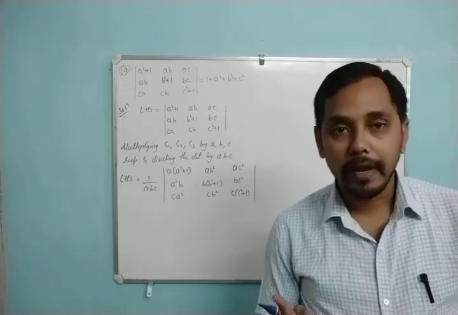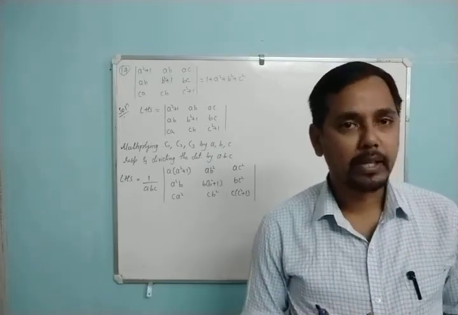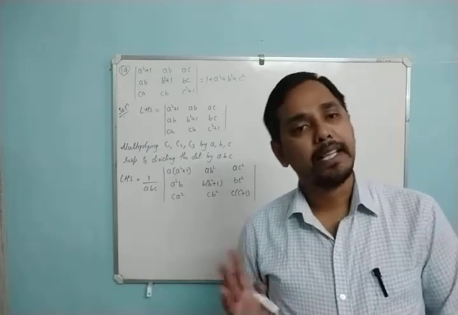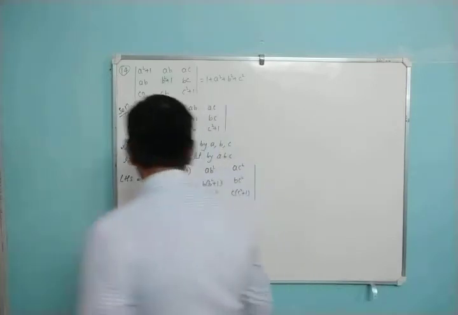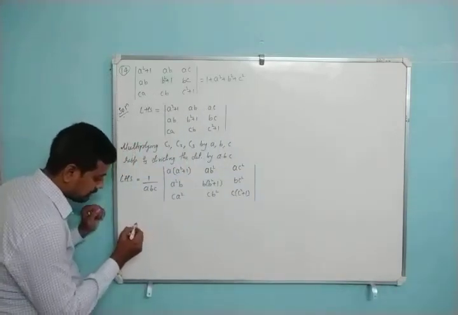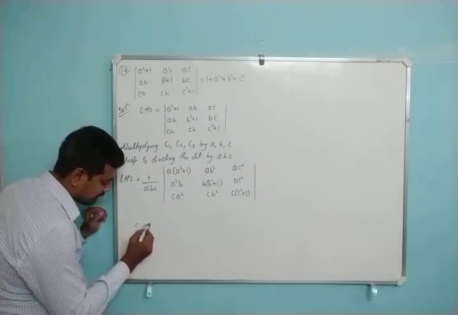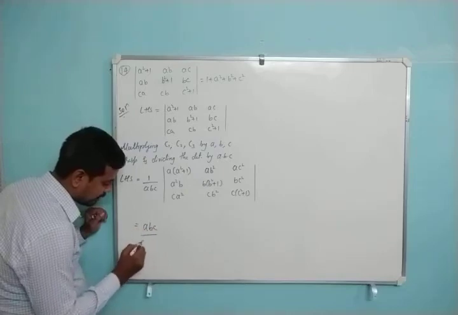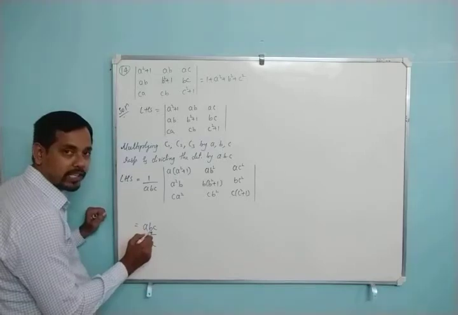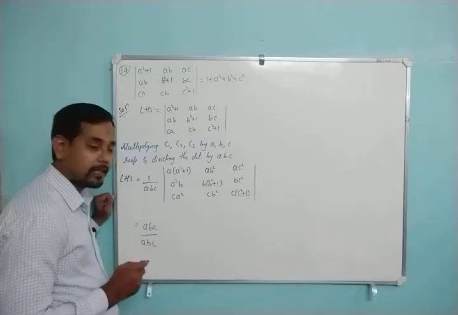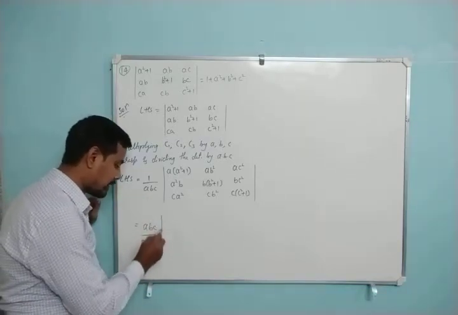In the second row I have b common, so that also I will take out of the determinant. And in the third row I have c common, so that also I will take out from the determinant. So it will be like abc divided by abc: a from the first row, b from the second row, and c from the third row, and 1 upon abc as usual is there.